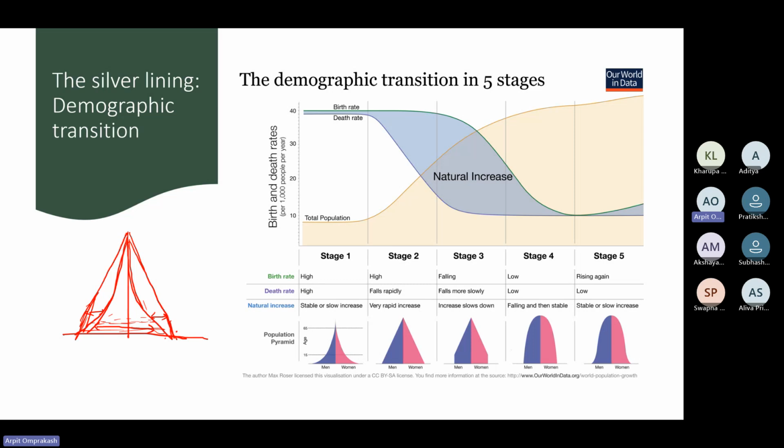Then we see stage 3 of demographic transition, where the birth rate also starts to fall. Things like late marriages, people getting educated, or maybe the cost of living has increased, and therefore people cannot afford to have that many children, because they're not dying anymore and you need more resources to feed 5 children than you need to feed two. Earlier, if you had 6 children, 5 of them would die, so you just had to feed one.